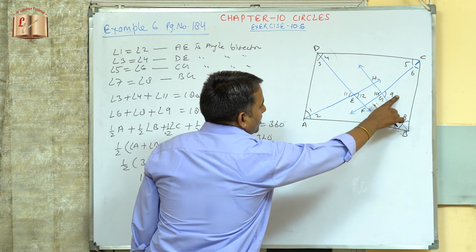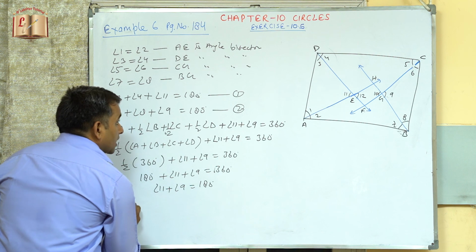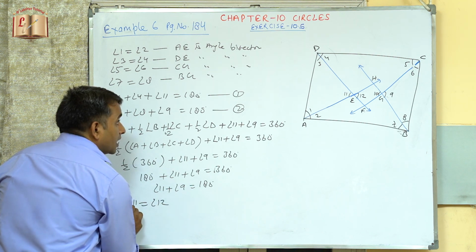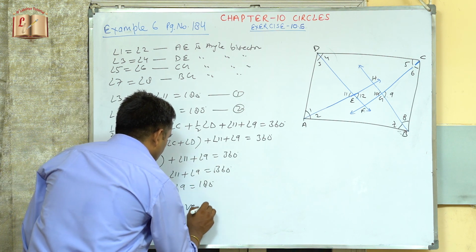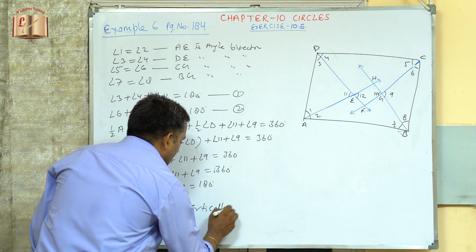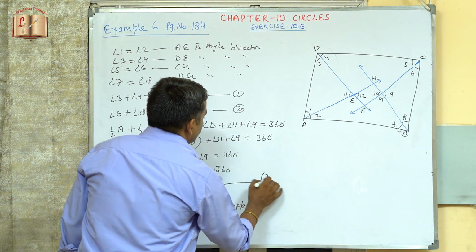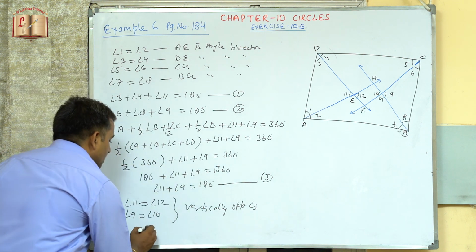So angle 11 plus 9, now these are vertically opposite angles. So angle 11 will be equal to angle 12 and angle 9 will be equal to angle 10, because they are vertically opposite angles. So in this equation number 3, we can write angle 11 as angle 12.